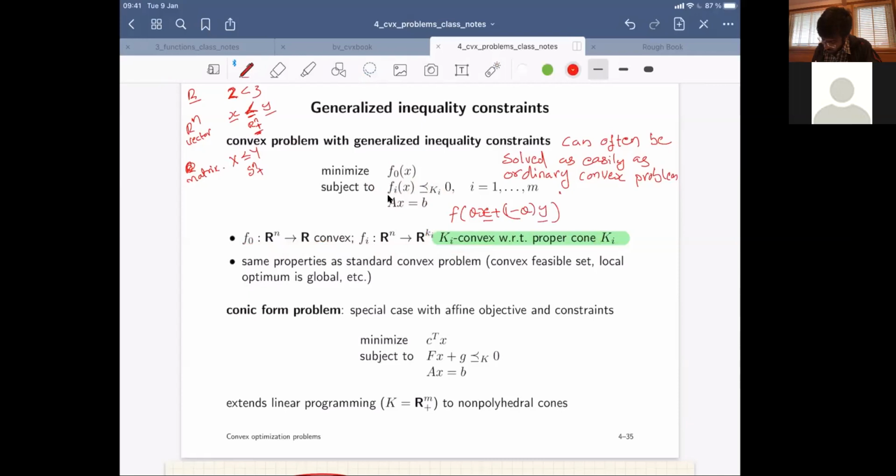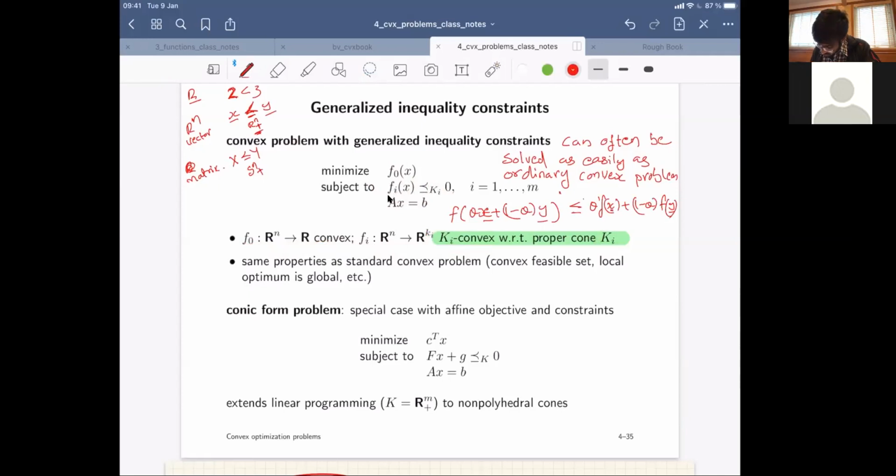This was our Jensen inequality: f of theta x plus 1 minus theta y is less than or equal to theta f of x plus 1 minus theta f of y. We say this holds when f is convex.